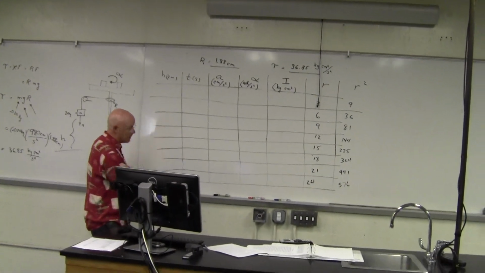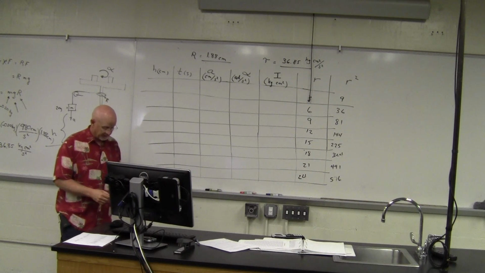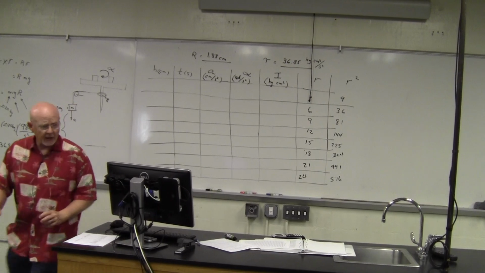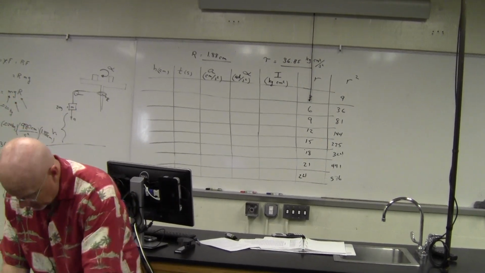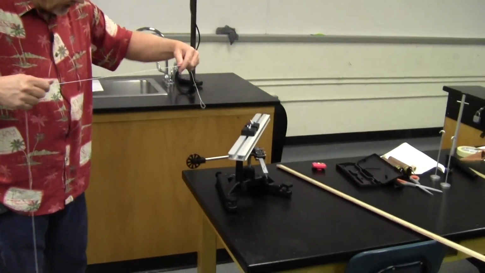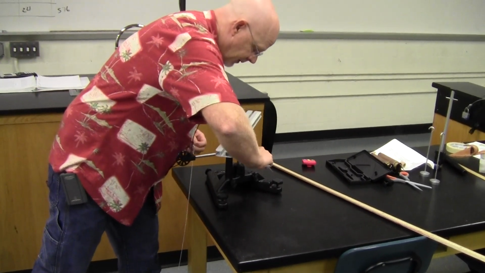So I'm going to have you fill in the rest of this table. I'll go ahead and work with you to get the heights and time. All right, so let's start with the first one. The first one means I got to put this string back on here. So let me lower this down here. Let me take the calipers off.